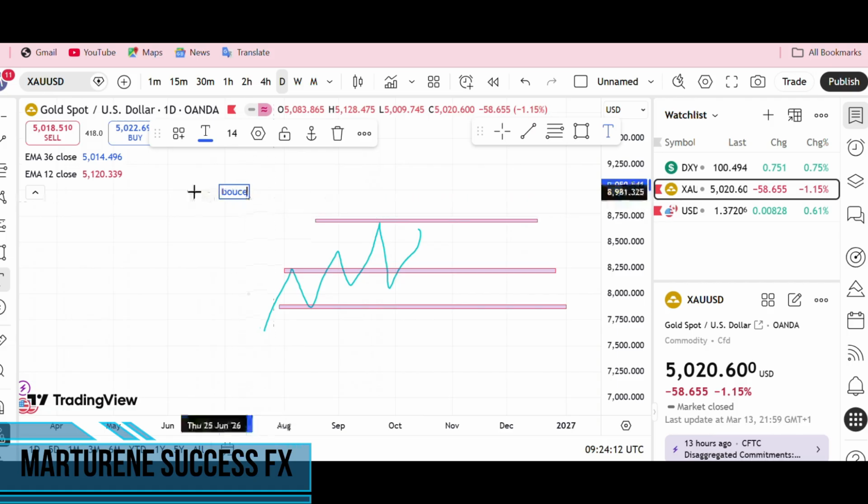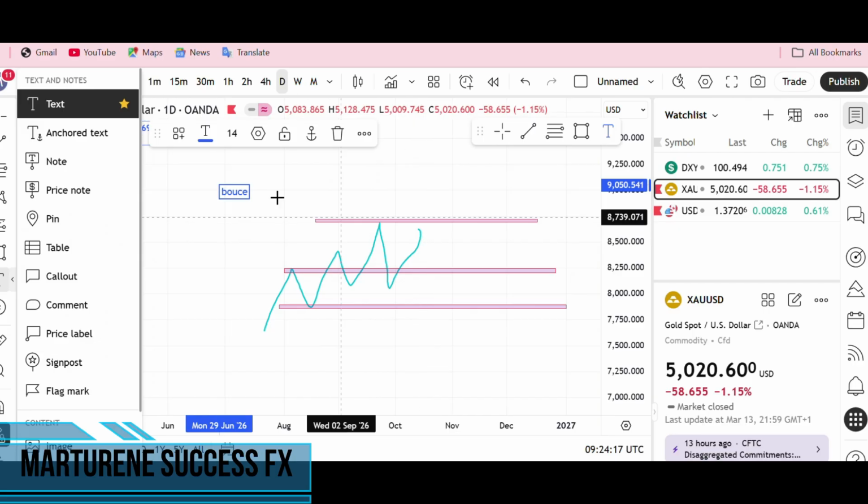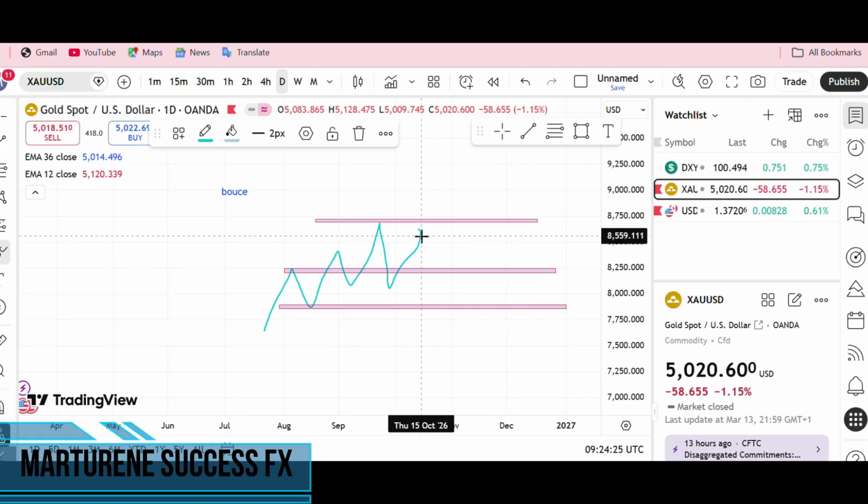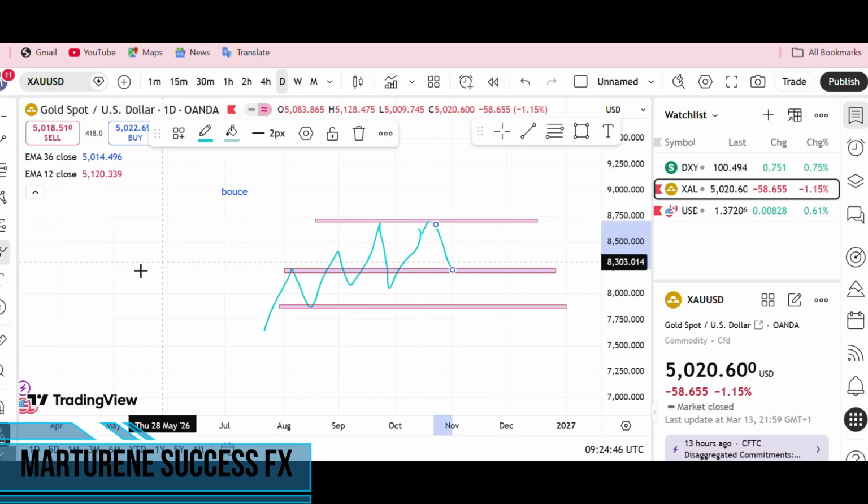When you want to trade the bounce, you need to wait for the market to push into this area of resistance. Then you trade the bounce as it is coming back down. You just wait for the market to enter this zone, and when you see a confirmation, you then enter for a sell.